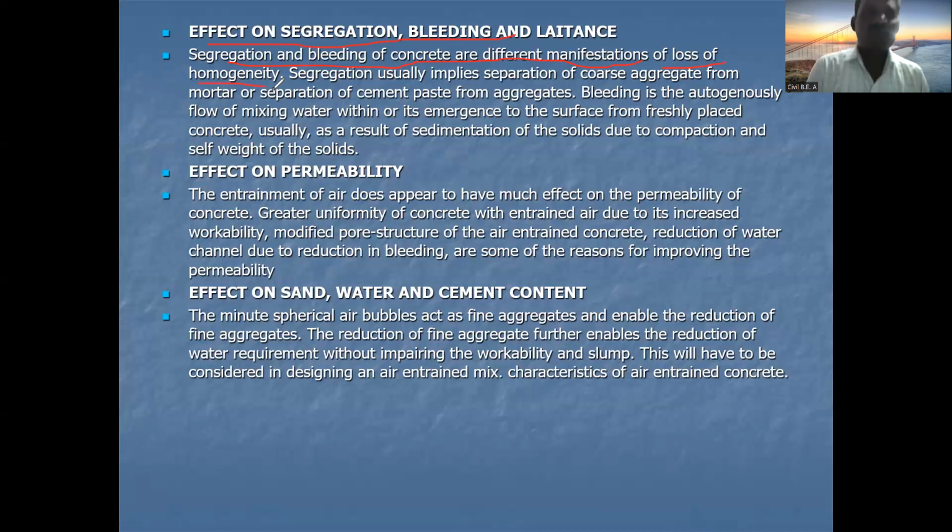Loss of homogeneity, what does it mean? Homogeneity is nothing but the proper mixing of all the materials without any voids or gaps in the concrete. But if we add air entrainment admixtures, what will happen? The air content in the concrete will increase, and the homogeneity will be lost.